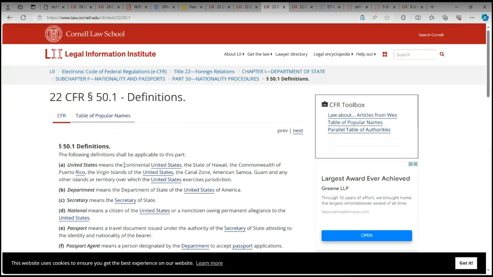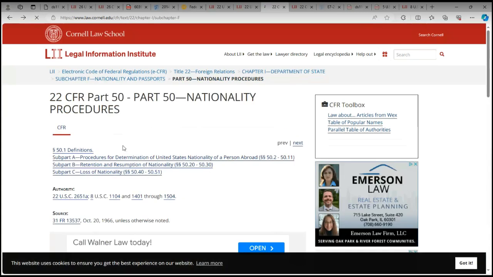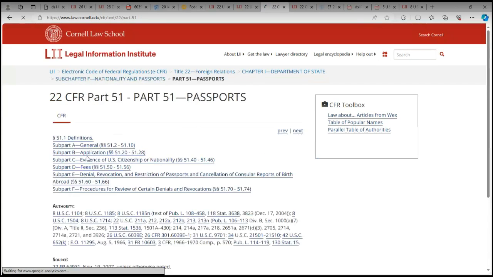Now, is Alaska included in this continental United States? Or does continental United States still only mean the 48 states that are touching each other? I do not know. I can't answer that in this context. I have not studied the intent and purpose of Congress specifically for this part. I have studied it for part 51 though.